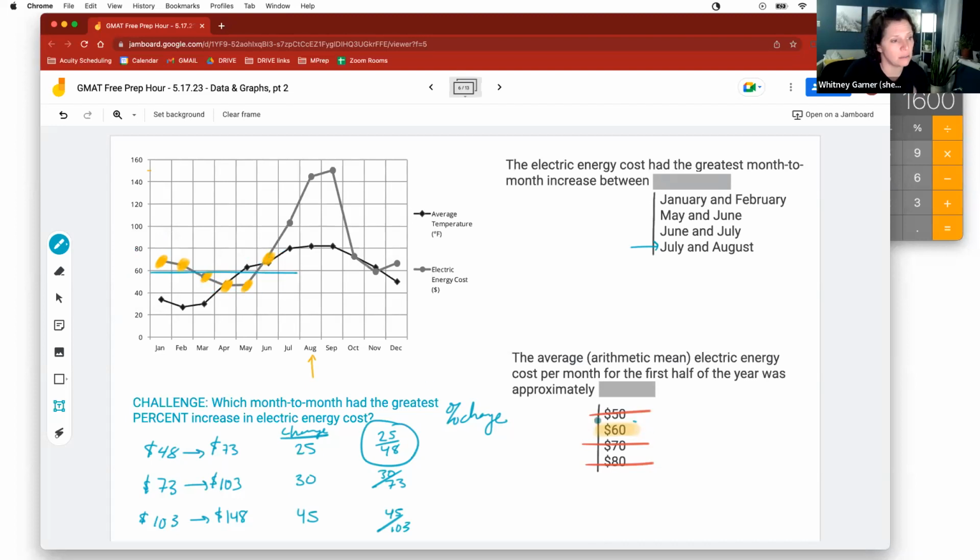And so 60 is our answer. So we're looking for this ability to eyeball.